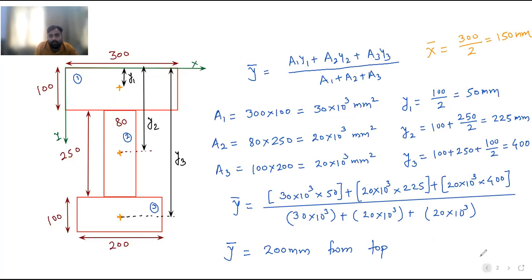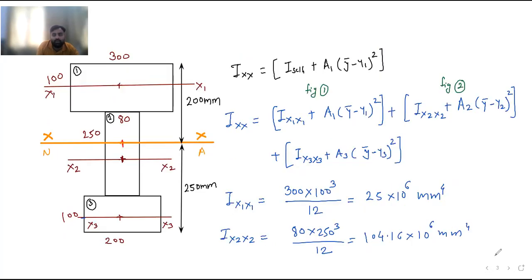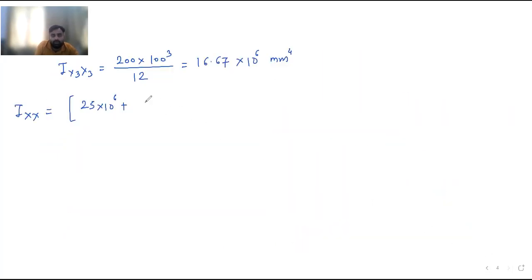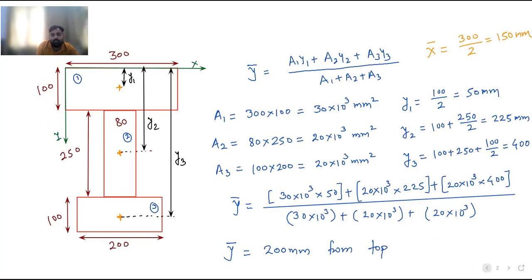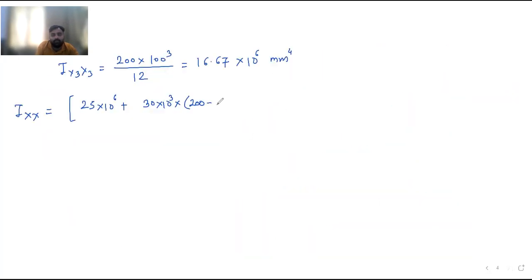So A1 is 30 into 10 raised to 3, into (y bar, which is 200, minus y1, which is 50), square of this. Okay, this is the first bracket.